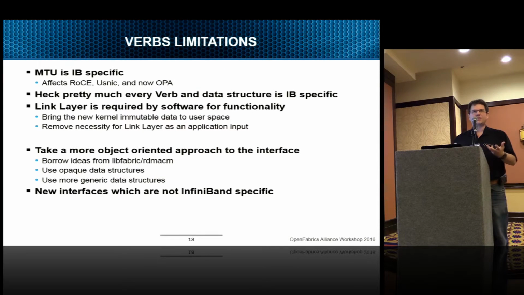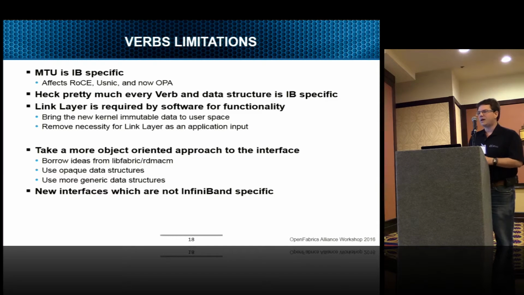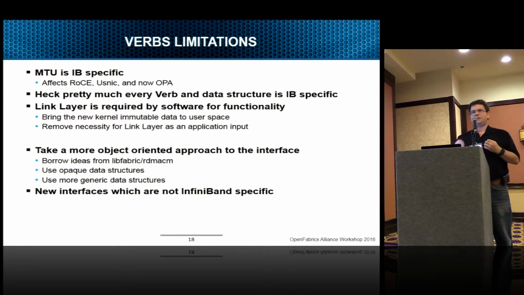So I've already mentioned some of this going forward. One of the big sticking points is, of course, the MTU. The field's IB specific. There were huge discussions a couple years ago about usNIC, and in the end, they kind of gave up and did libfabric. But pretty much every verbs function call and data structure is InfiniBand specific. We now have usNIC, we now have RoCE, Ethernet, iWARP, and Omni-Path Architecture. So with all those different fabric types, it's time to start looking at how we're going to modify that.